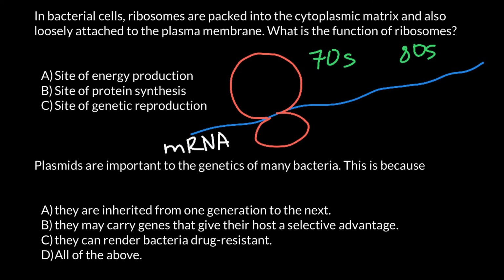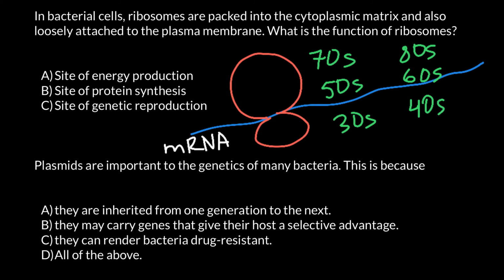Some of you know that the small ribosomal subunit in prokaryotes is called the 30S ribosomal subunit, and the large one the 50S ribosomal subunit. In eukaryotes, the large one is the 60S ribosomal subunit and the small one is the 40S ribosomal subunit.